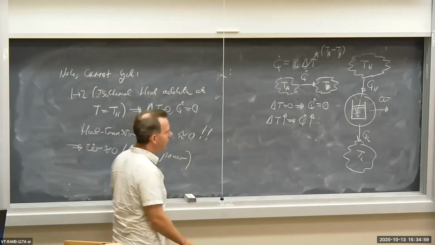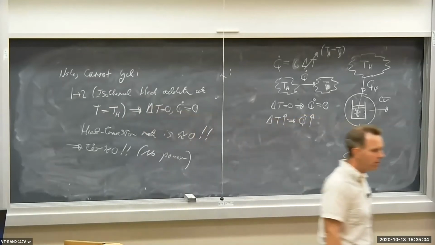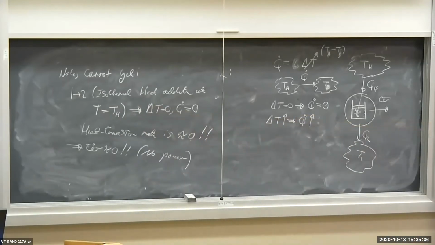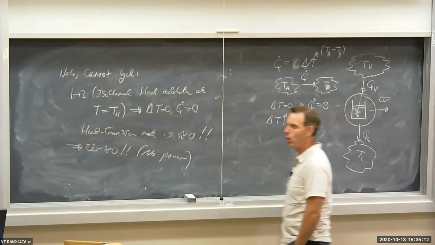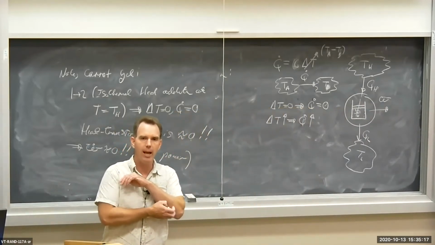So the Carnot cycle is not a very practical heat engine to build, not because we can't minimize friction, not because we can't minimize unrestrained expansion, but because the heat transfer rate is so low to the working fluid that we can't produce any power.